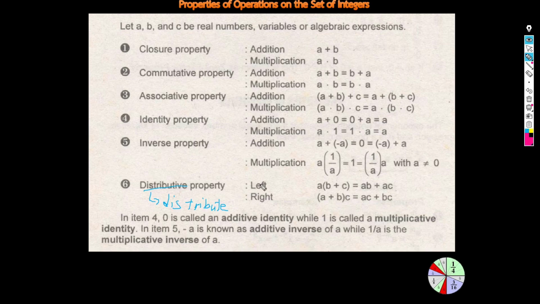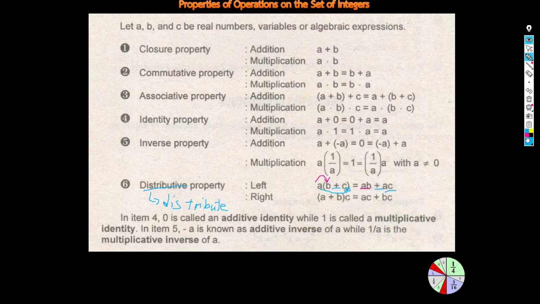Why? Because a times b is just ab, right? Plus, there's a plus here too, and then a times c will give you an ac.